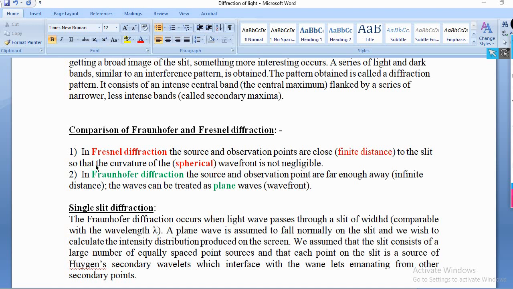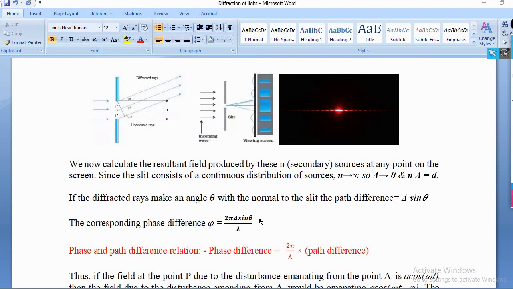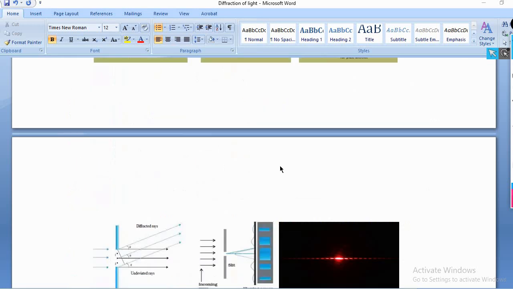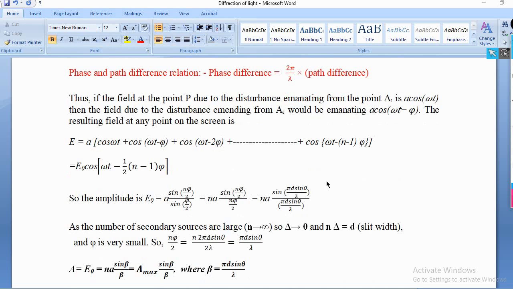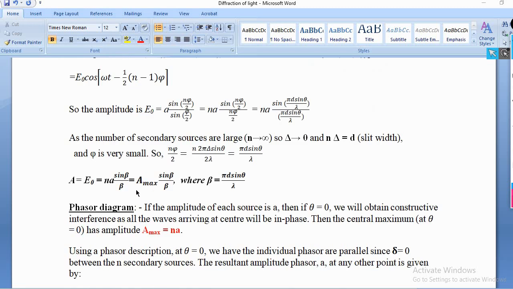Now, we have mentioned the types of diffraction, Fresnel and Fraunhofer. Then the single slit diffraction was explained. We explained the idea about the phase difference and corresponding path difference. Then we considered the superposition of n number of secondary light waves and the resultant amplitude, which comes in the form of sine beta by beta, where beta is given as pi d sine theta divided by lambda, where d is the slit width and theta is the angle of diffraction or angle of deviation.